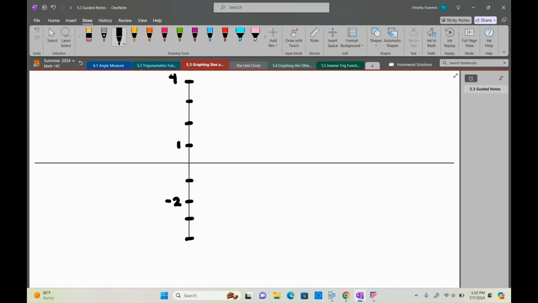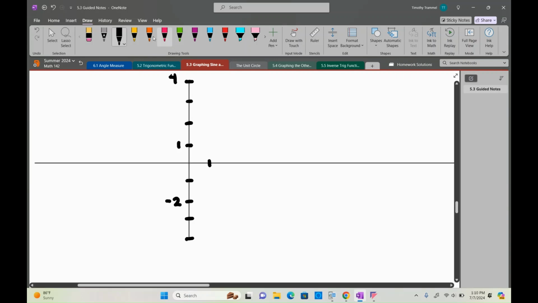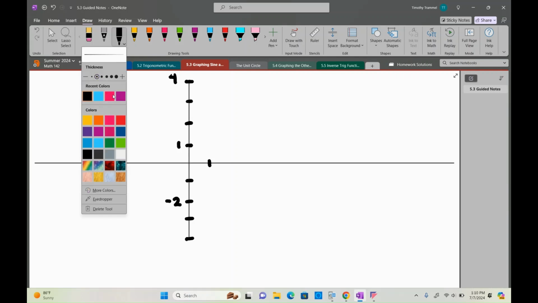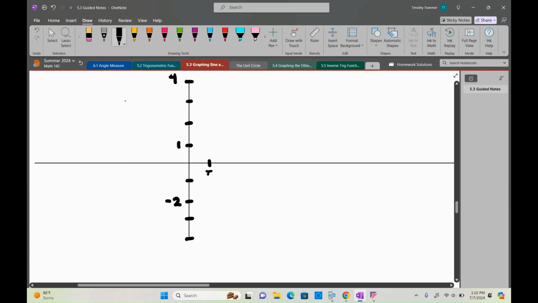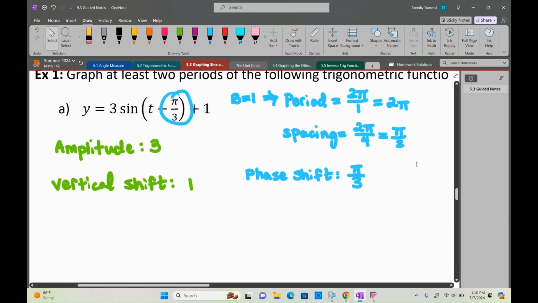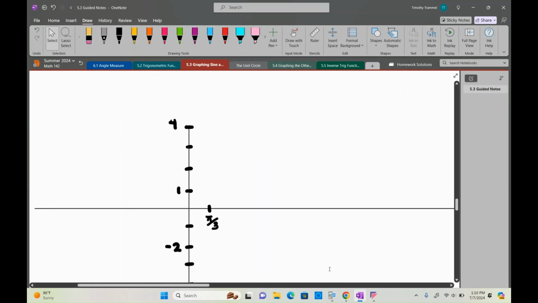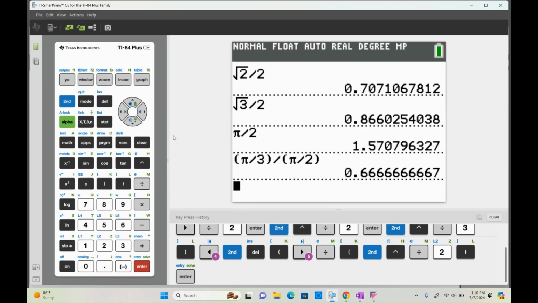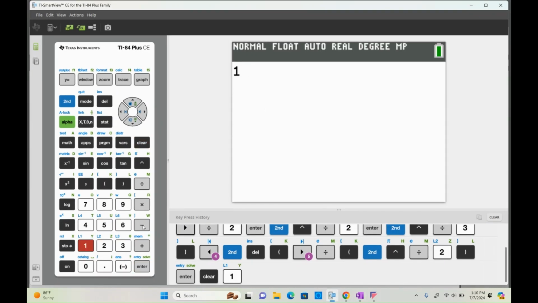So let's maybe call this right here pi over 3. Okay, there we go. Now what we want to do from here is add the spacing to this. So for instance, if I want to do this quickly, I could just take my 1/3 instead of pi over 3, leaving out the pi.